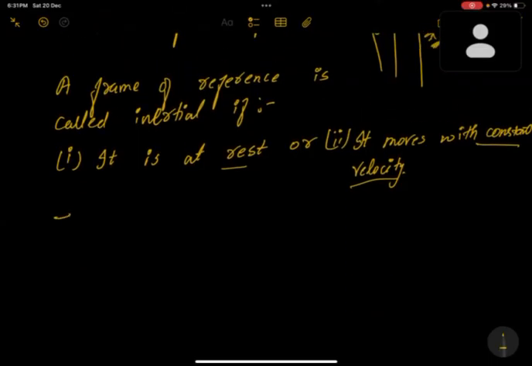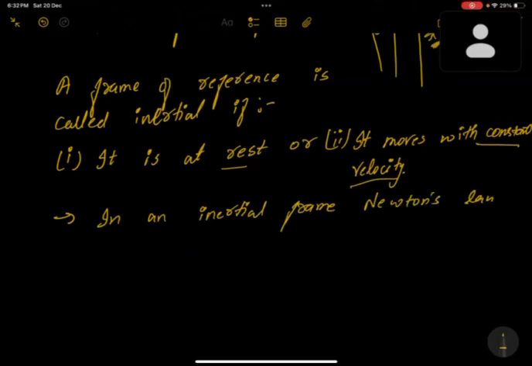All Newton's laws of motion are valid in the inertial frame. In an inertial frame, Newton's laws are valid. There is nothing to worry about in an inertial frame.